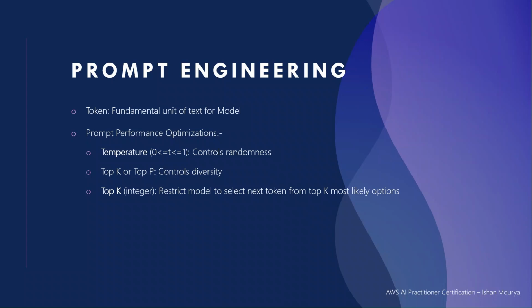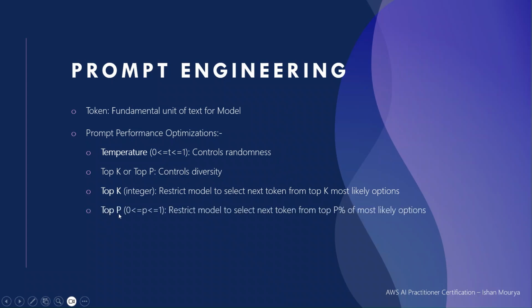So it is going to select from the top 5 only. That's how we set the top K. Again, the higher the value, the more diverse the answer you will get from the model.